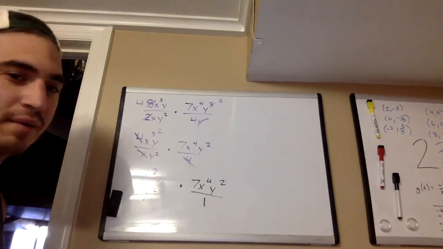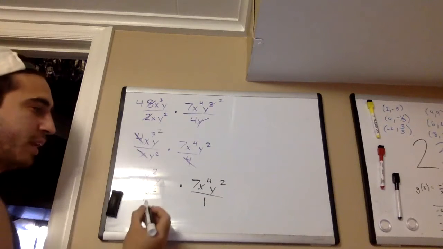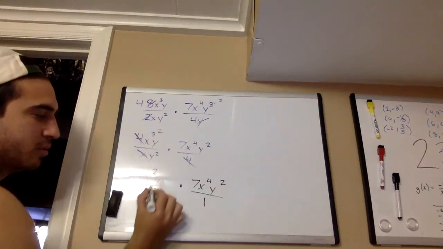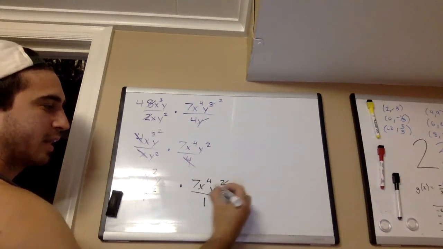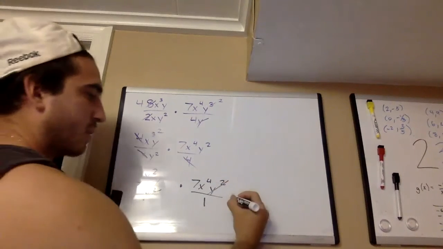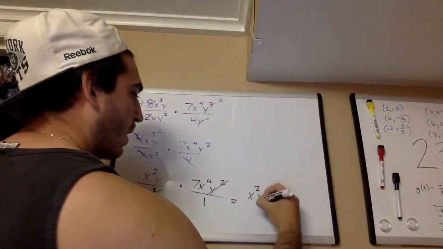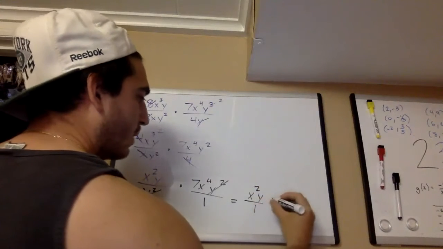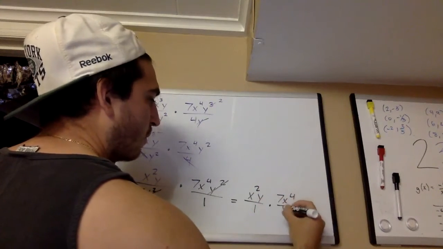Please do not put a 0 when there's nothing else left. There's always a 1. And now we can see here, I could do something here, but this is a lot easier. I have a y squared and a y squared. Cancel, cancel. So now I'm left with x squared y over 1 times 7x to the fourth over 1.